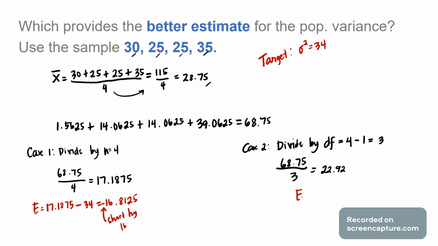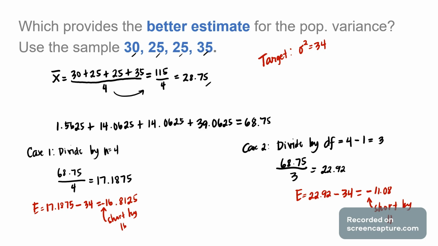Error is the difference between our estimate and our true parameter. And the difference here is also negative 11.08. This means that yes, we are also short. However, we are just short by a much smaller amount, by 11 points, you can say.